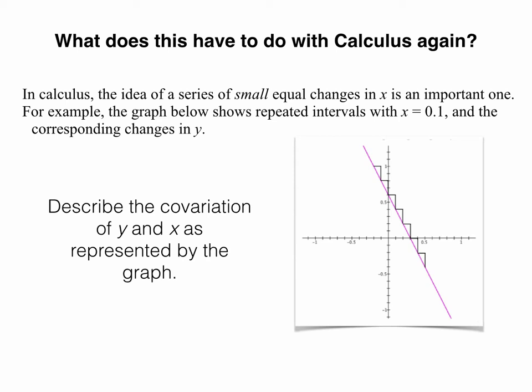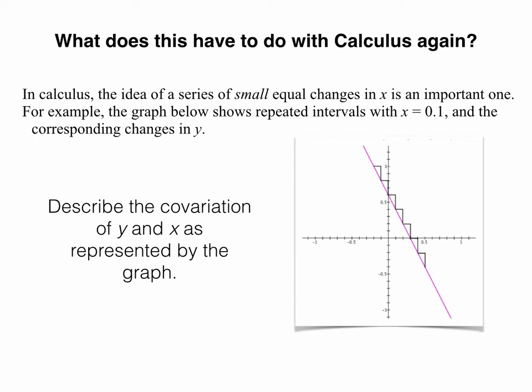All right, what you got for me? When I use this word covariation, what am I referring to? How quantities change together, right? So give it to me. How are these quantities changing together? Okay, so as x increases, y decreases at a constant rate.